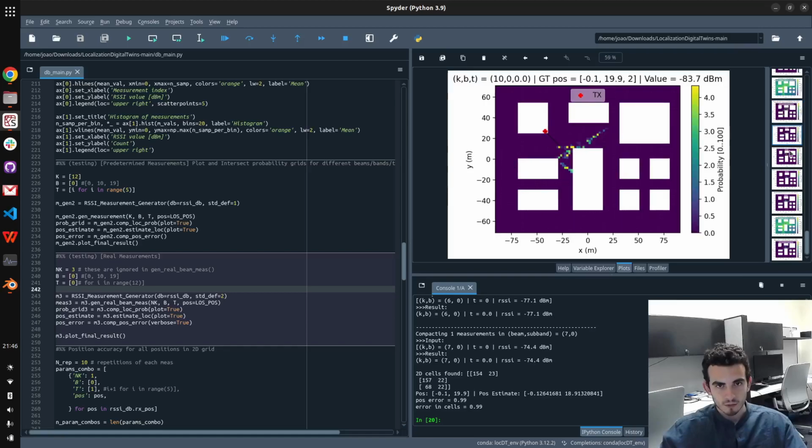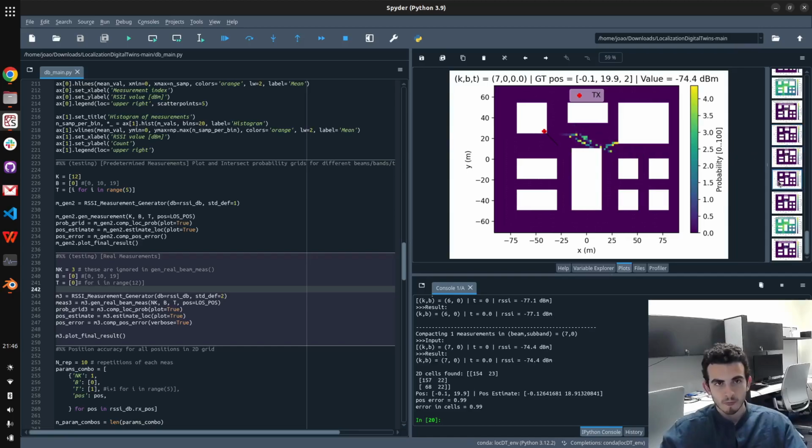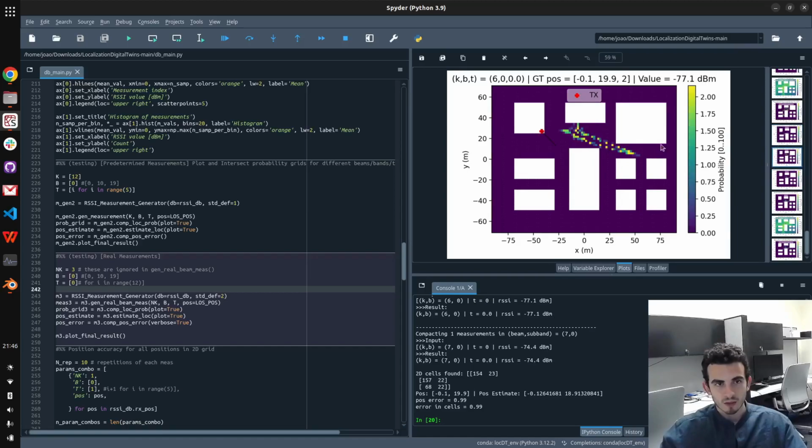Exactly. Okay, yeah, it stopped. This is the first plot we're gonna look at. So the first beam is this one. It's not very clear that it is a beam, but it measured 83 dBm. This measured 77, and this one 74. So you can tell these look like beams for sure.